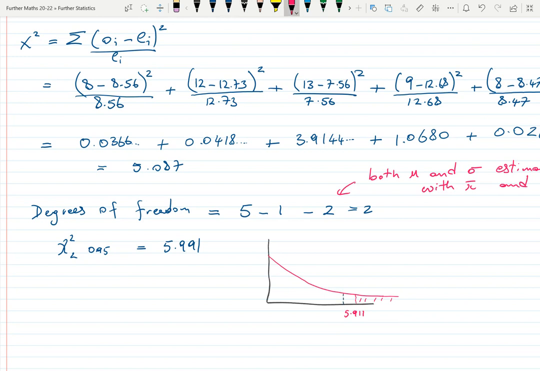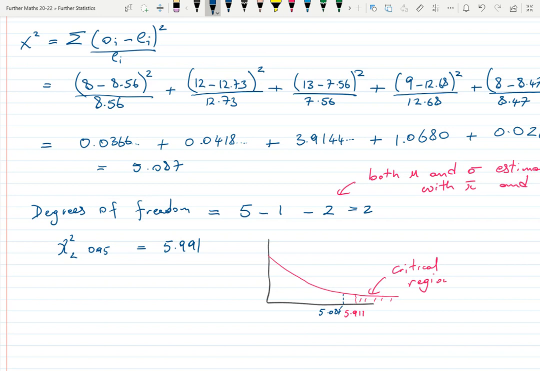The critical region is where you would reject H0, and we're not in there. We're at 5.087.